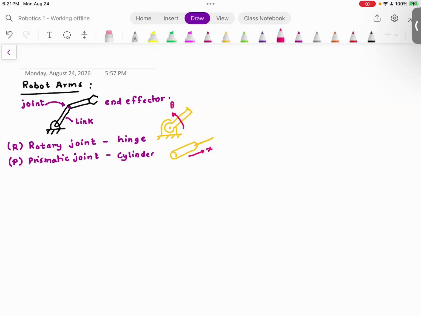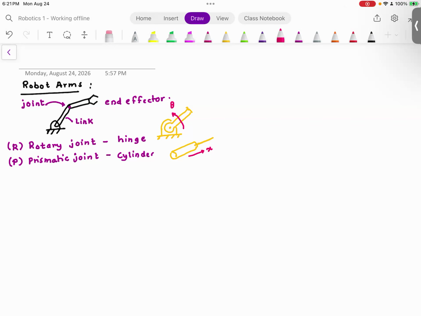So what I will do is bring a physical robot, and then we can identify the different joints that you observe in the robot. When we take a tour of the robotics lab at the end of the class, we will show you the different types of robots that we have, and then we can identify what type of structure these robots have.